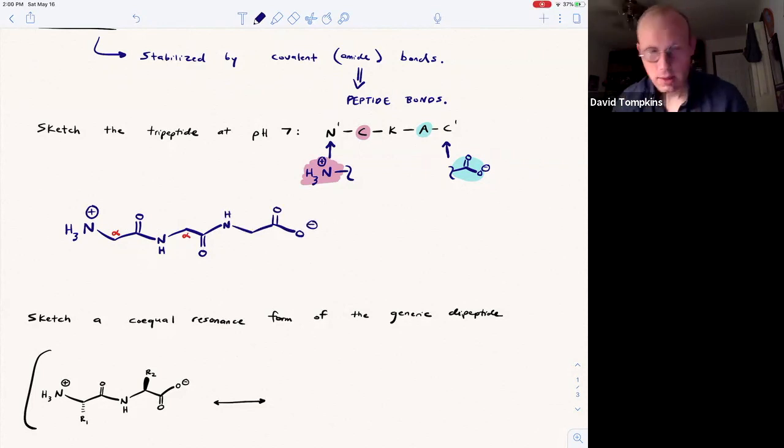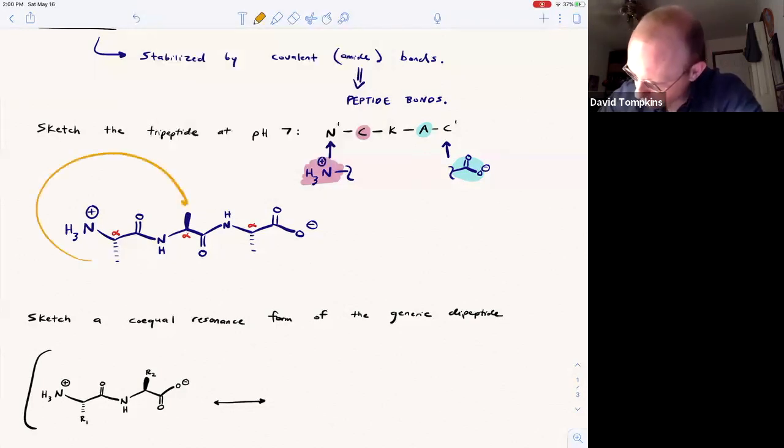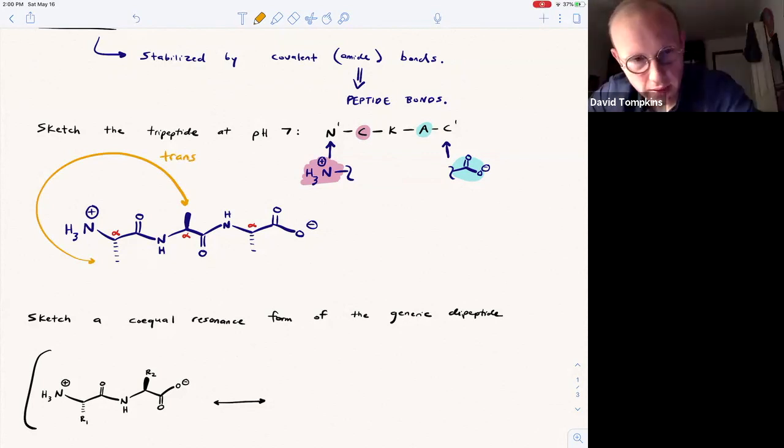Now, if you want to ensure that you have the correct stereochemistry at the alpha carbon, you need to install a dash whenever the alpha carbon is a vertex downwards, and a wedge whenever the alpha carbon is a vertex upwards. And that will ensure that these 2 groups are trans to one another. 2 consecutive substituent chains are always 180 degrees or trans about the amide bond.